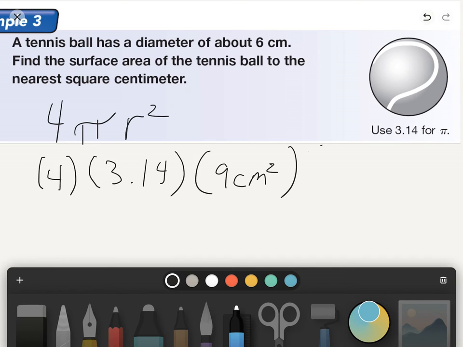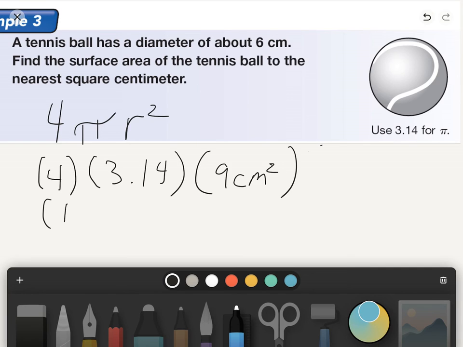Now, someone showed this shortcut, so that being said, now I can totally do this from left to right, right? So I could start with just doing 4 times 3.14 and then get the answer to that and then multiply that by 9 square centimeters to get me to the end, but remember, there's a thing called the commutative property of multiplication.